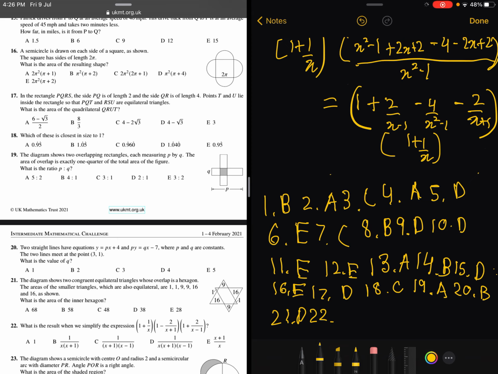When we simplify this, we can see 2x and 2x cross off, 2 and 4 cross off, leaving us with x squared minus 1 over x squared minus 1, which is just 1.